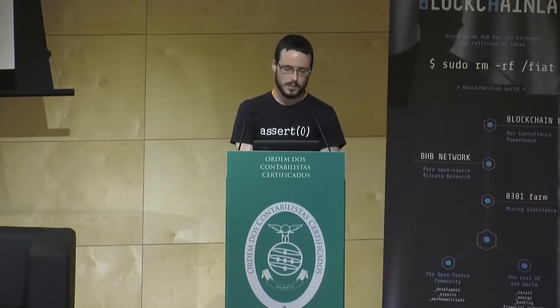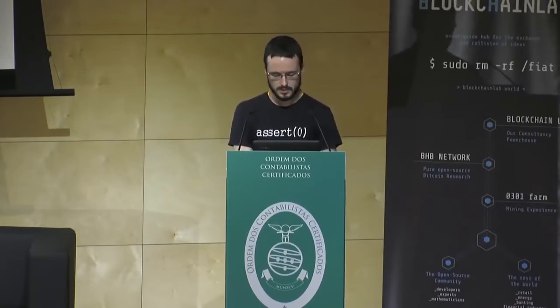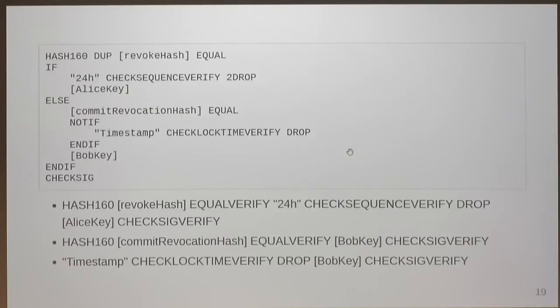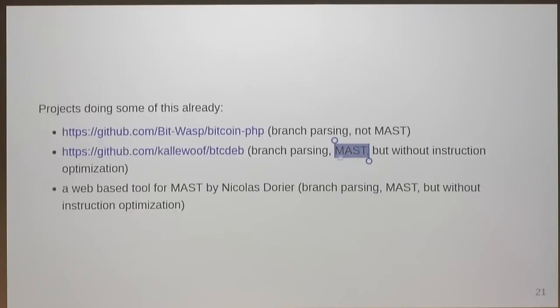There are some projects that have some of this already. I maintain Bitcoin PHP. It has this branch parsing stuff, but nothing masked yet. B2C Deb, I've been looking at it a bit too. It's Cali Wolf's project. It has the whole mastifying, but without trying to remove unnecessary instructions. So if you were to give it this script, it would leave all the hash locks in and so on, which is still acceptable, but it would have a negative effect on the witness size and transaction fees.